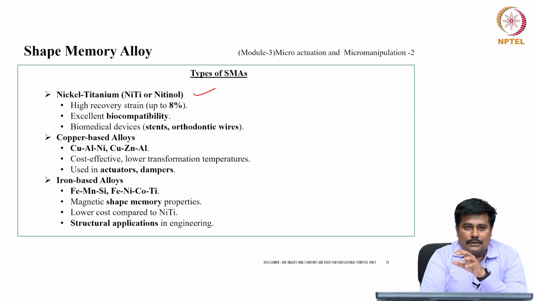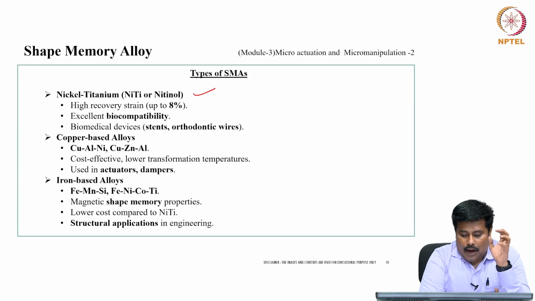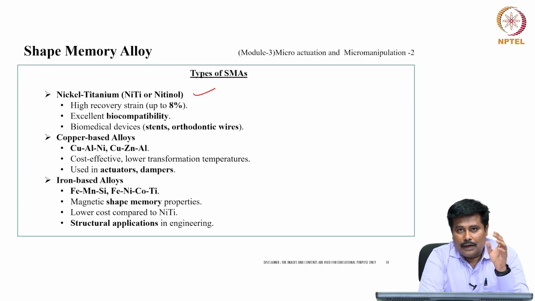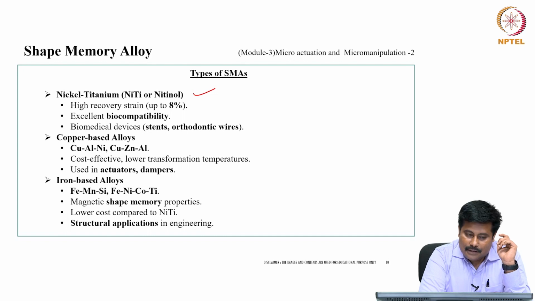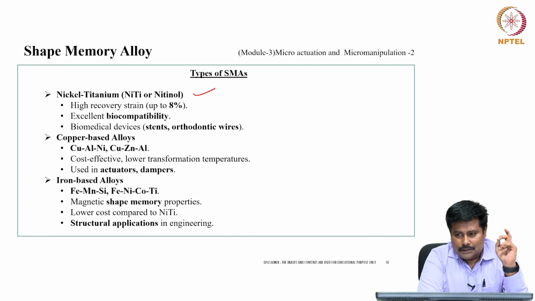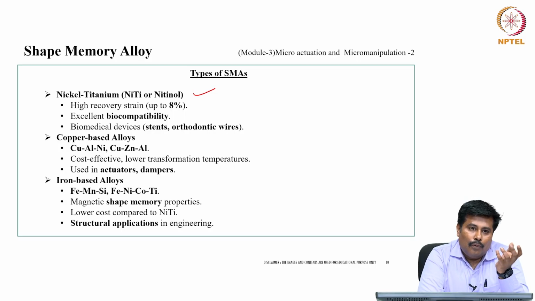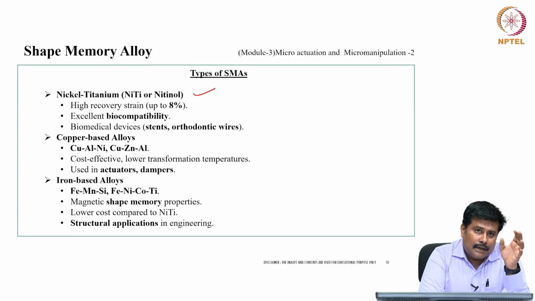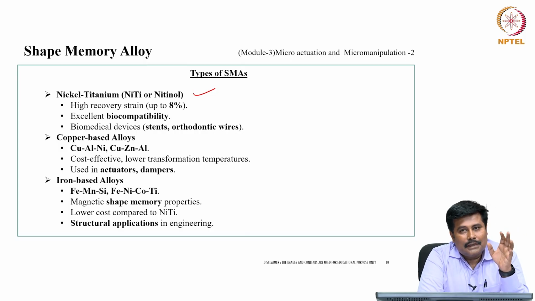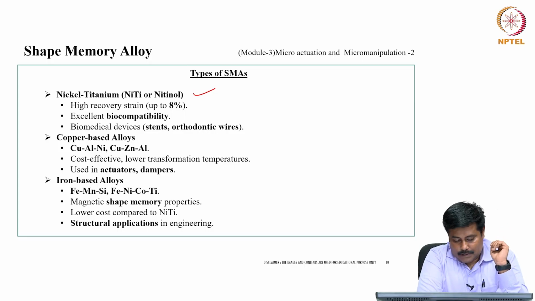As discussed, one of the key points is the lower transformation temperature, which is considered one of the advantages of using copper based shape memory alloy structures, especially whenever we are developing a micro robot for lower temperature transformation. This combination is considered a promising combination for cryogenic related applications.